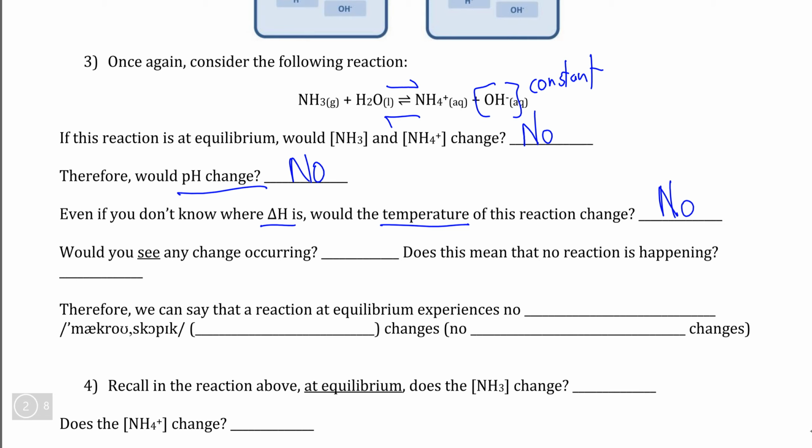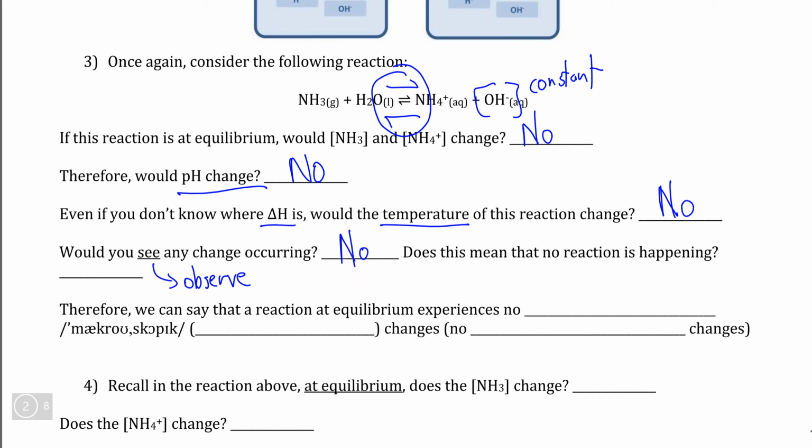Effectively, what we're saying here is that if you were to look at the conditions of this reaction, even if the forward and reverse reactions are happening, we would not see any observable change as long as the reaction occurs at equilibrium. So would we observe any changes occurring?